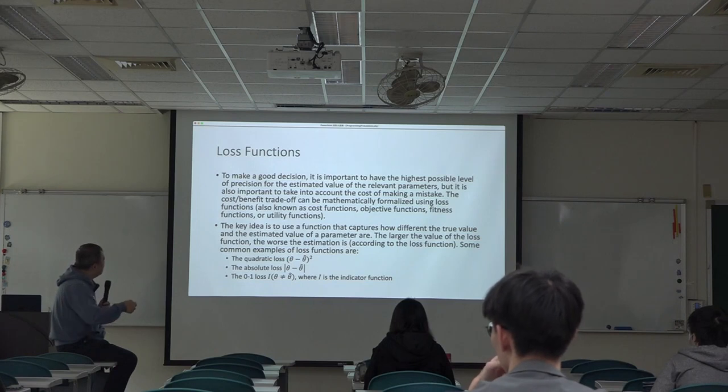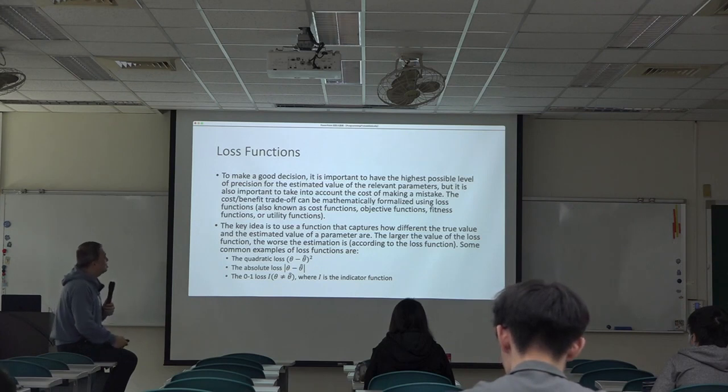To make a good decision, it's important to have the highest possible level of precision for estimating the value of the relevant parameters. But it's also important to take into account the cost of making a mistake. This cost-benefit trade-off can be formalized by a loss function.